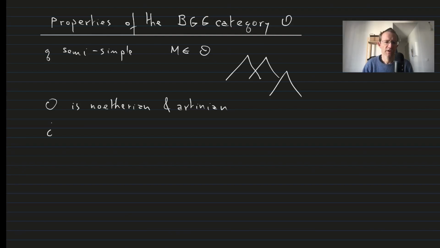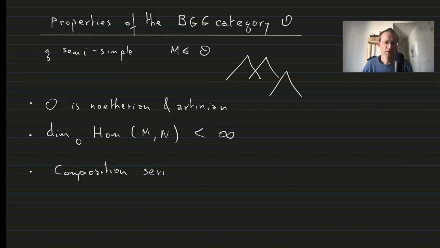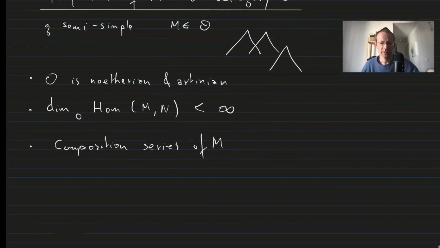Moreover, the dimension of the homomorphisms from one module to another is also finite. And the composition series, where the quotients of the modules in the composition series are simple, exists.